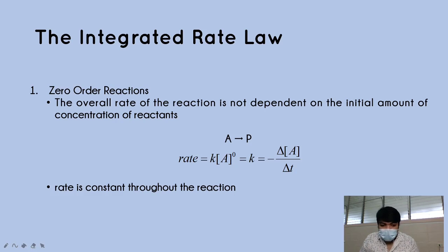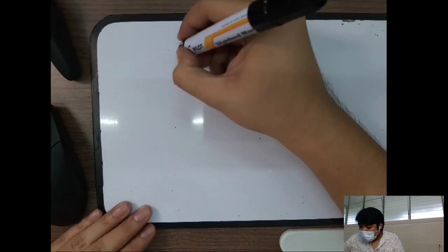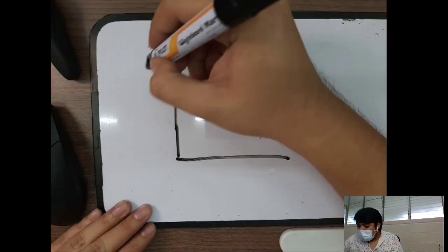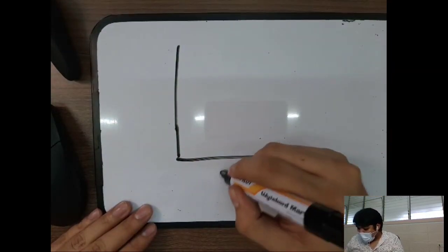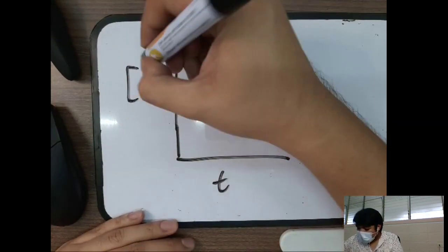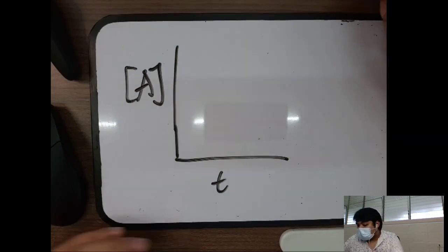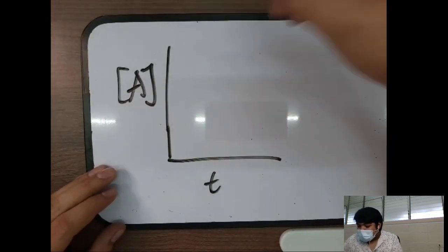Anyway, let's have our reaction here. Okay, so let's try graphing it. If we graph a zero order reaction, let's say the x-axis will be the time, and the y-axis will be the concentration of the reactant A in our hypothetical reaction.